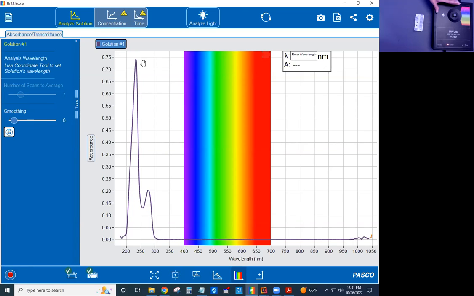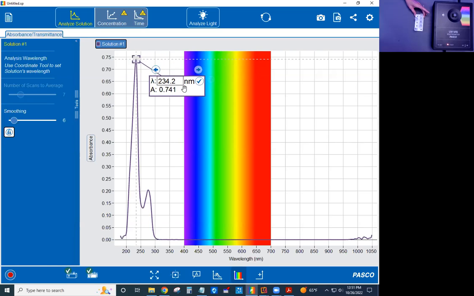So the first thing I did was choose an analysis wavelength. That means pick the wavelength that is the signature of the acetylsalicylic acid molecule. Now, you'll notice that this coordinate was on the screen by default. I can grab the gray box, click and drag it to the data, and if I let go, it will snap to the data.